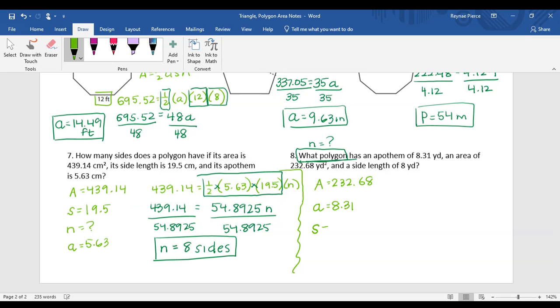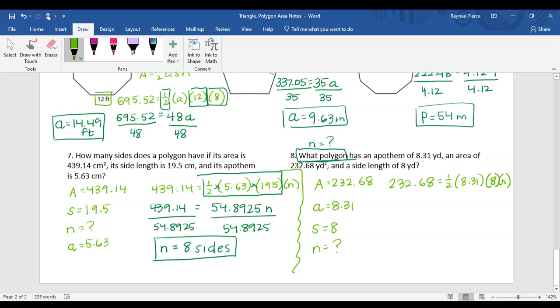Our side length is 8. And before we can determine what polygon, we need to know the number of sides. So substituting, area equals 1/2 the apothem times the side length times the number of sides.